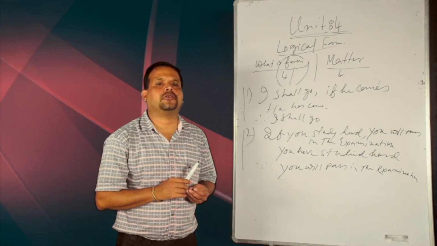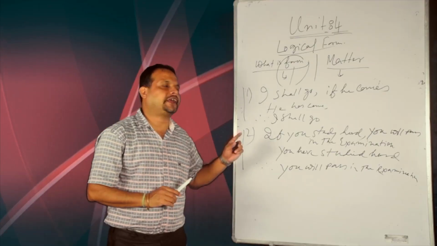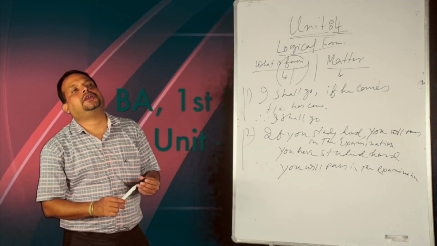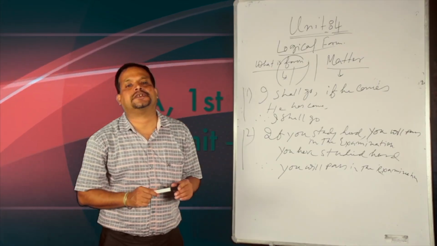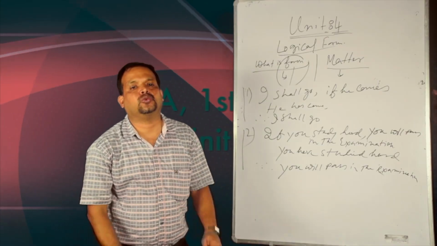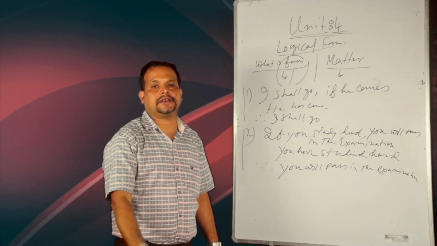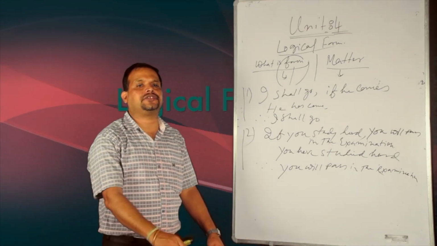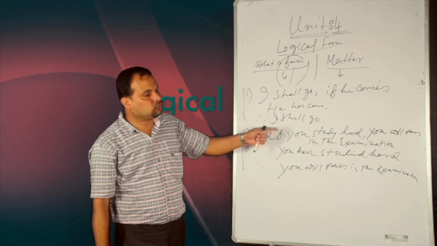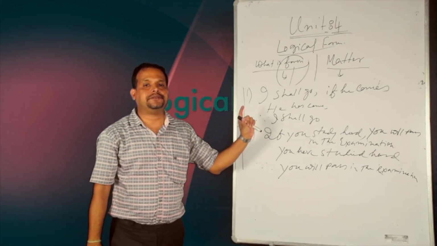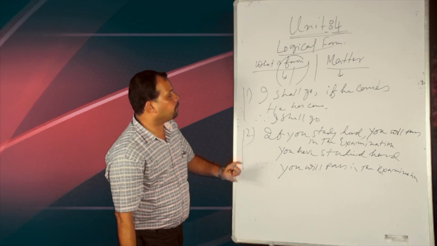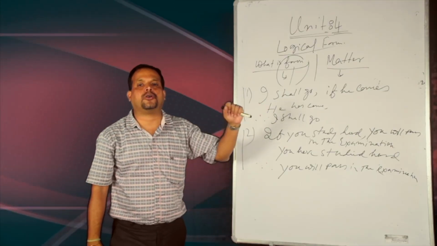In case of an argument, form is expressed in the way in which the constituent propositions are arranged to make arguments. Dear learners, both the arguments have different subject matter but have the same form.